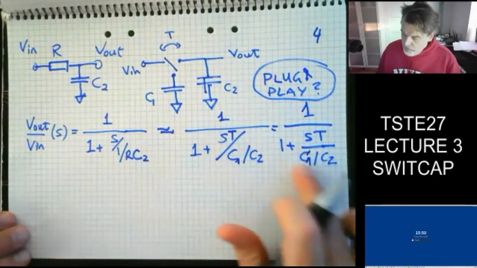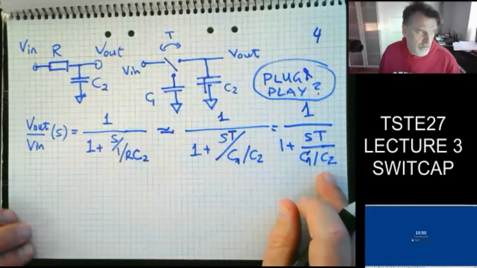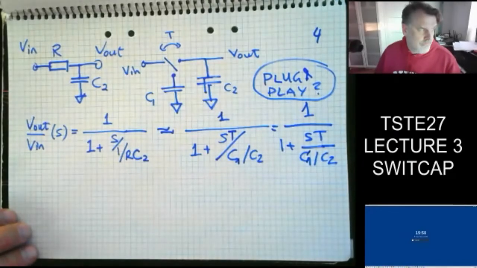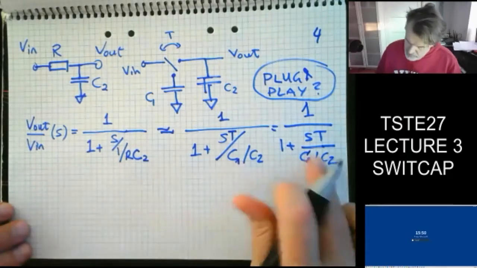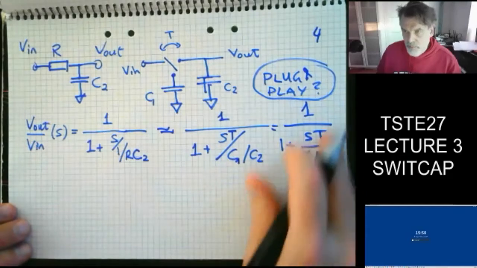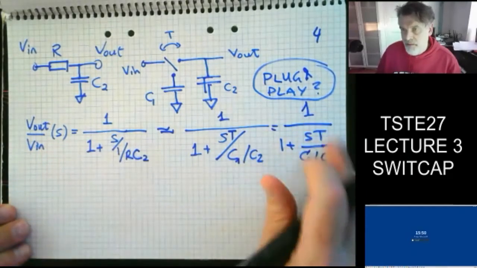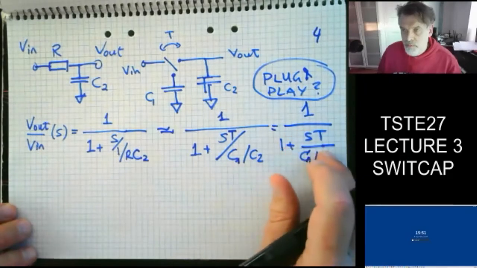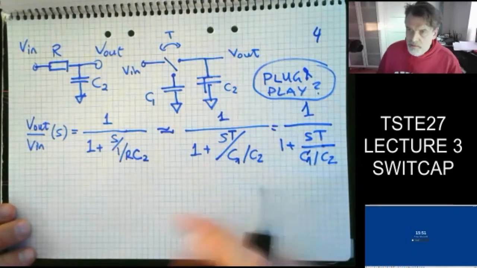First, why is this attractive? I have a ratio of C1 divided by C2, and that's quite easy to understand. If I assume that C1 and C2 do have errors, and I want to implement some functionality here with a well-defined pole of the system, I want the pole to be stable and constant and not depend much on variations in C1 and C2. That's matching.